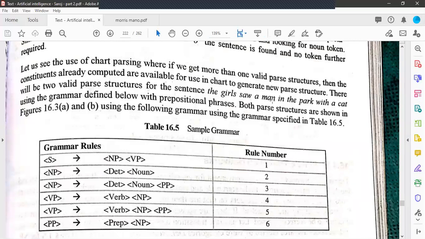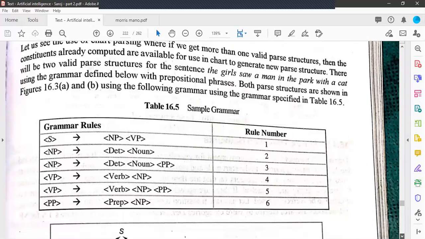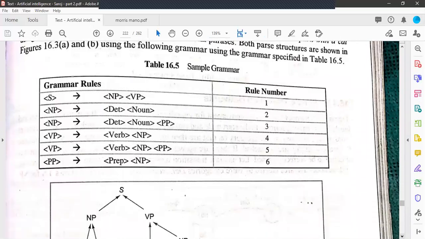So when you evaluate this, both parse trees are shown in this format. Before looking into the two parse tree formats, look at these grammar rules. You have sentence. Sentence leads to noun phrase, verb phrase. It means in place of sentence, you can have noun phrase, verb phrase. And noun phrase can be determiner, noun, and these are rule numbers.